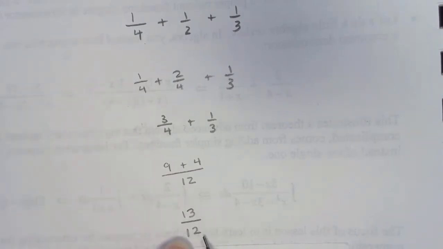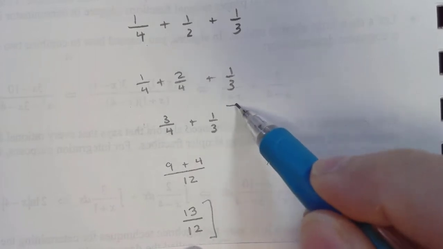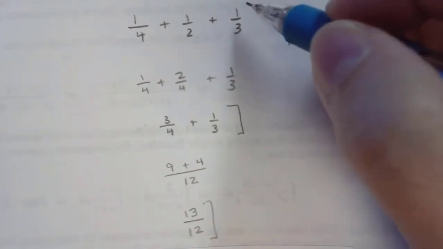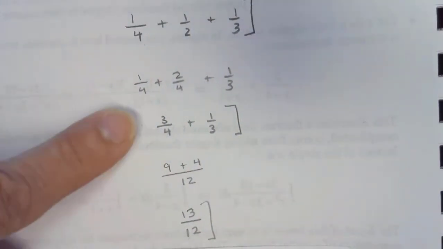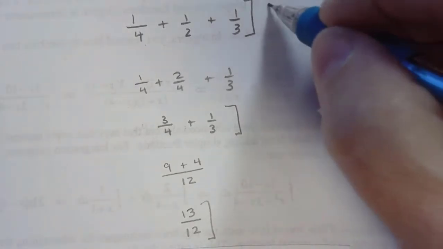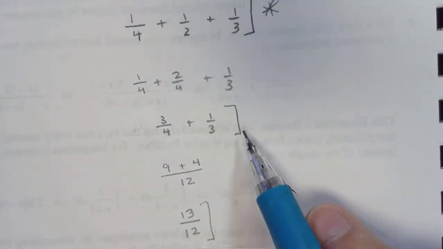Notice that this fraction right here could have come from simply 3/4 plus 1/3, but it also could have come from 1/4 plus 1/2 plus 1/3, and that is the situation we have to set up. It's not good enough to stop here.